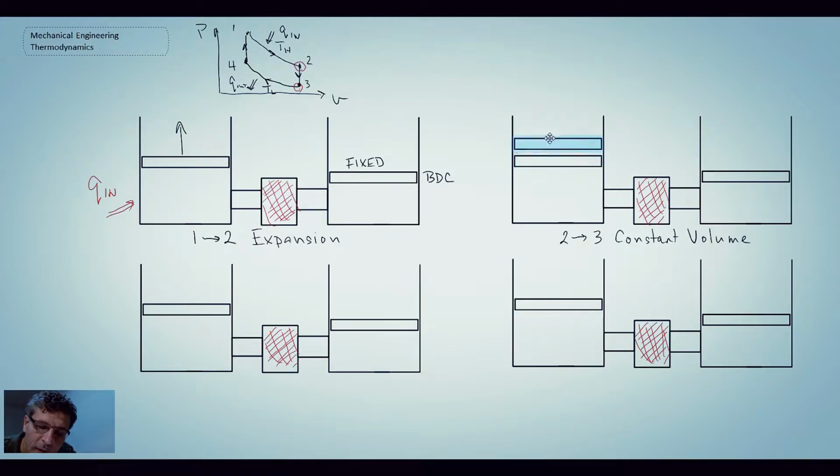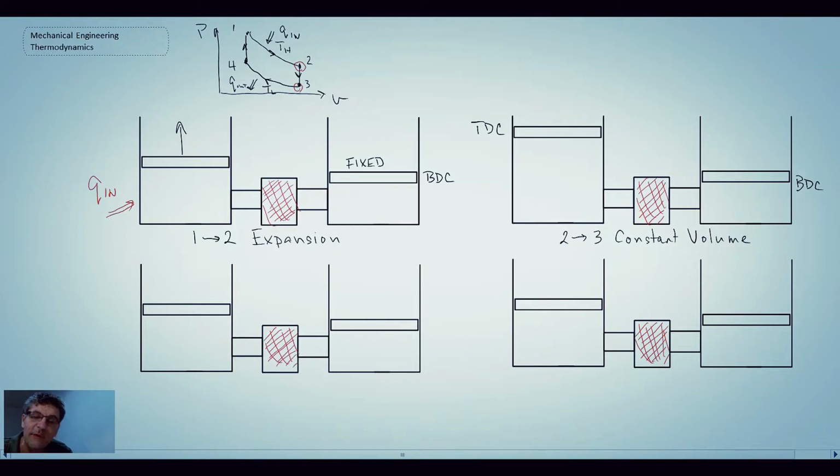So let's move this guy up. It goes up to top dead center, and the cool should be down at bottom dead center, which is where it was. So we're okay there. So it is at top dead center, and this is at bottom dead center.